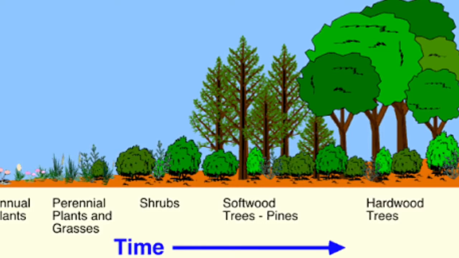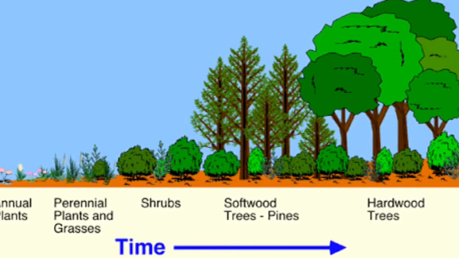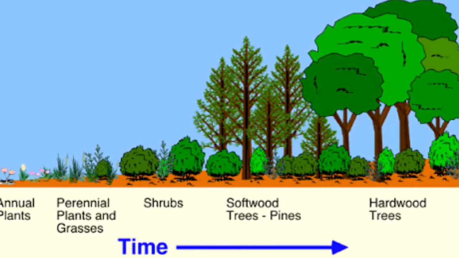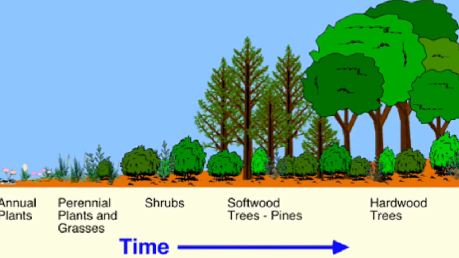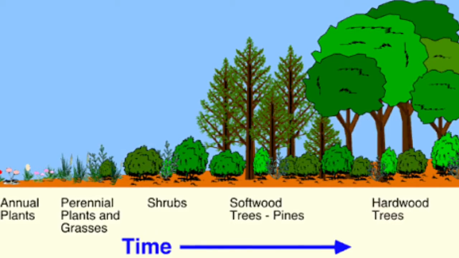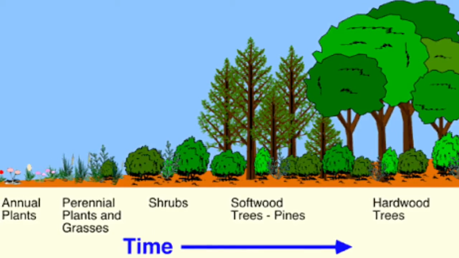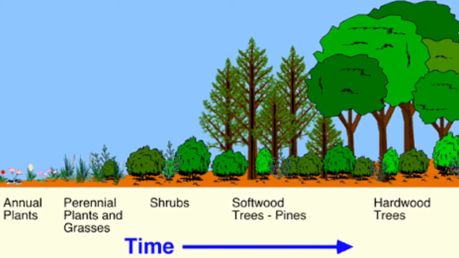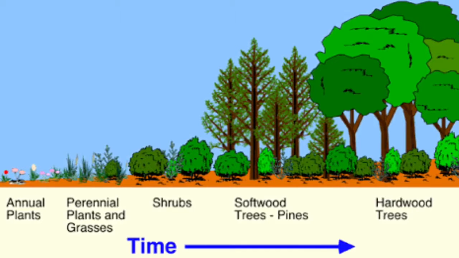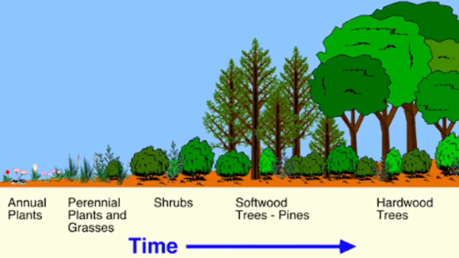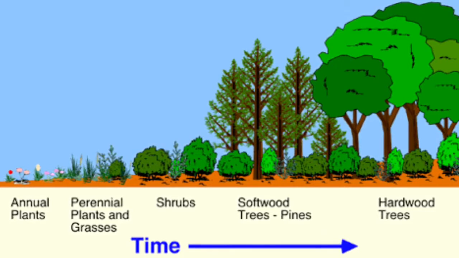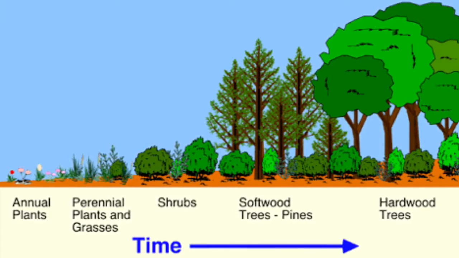Primary succession occurs when an ecosystem is no longer habitable, and then pioneer species start to live in it. And then secondary succession is when, in a healthy ecosystem following natural disturbances, they reproduce the ecosystem that was there.